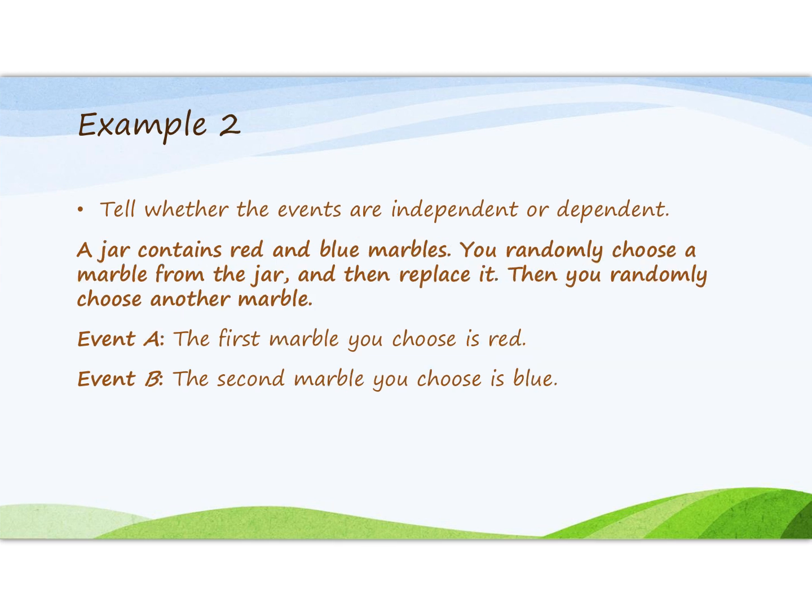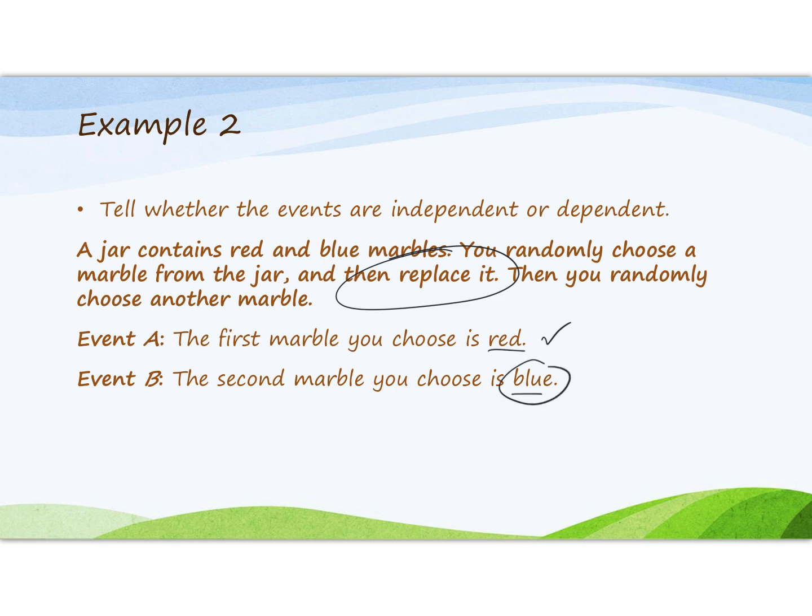And so they are dependent events. So let's look at another example. It says the jar contains red and blue marbles. You randomly choose a marble from the jar. Then you replace it, and then you randomly choose another marble. So event 1 is you pick a marble and the first pick is red. Event 2 is you pick a marble and the marble is blue. So again, you're trying to figure out, does picking the red marble have any effect on the blue one?